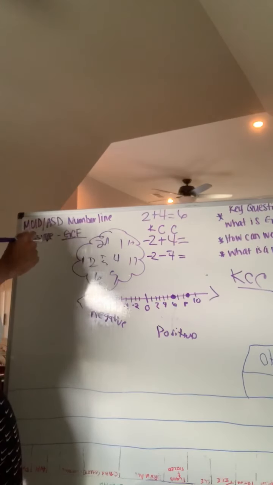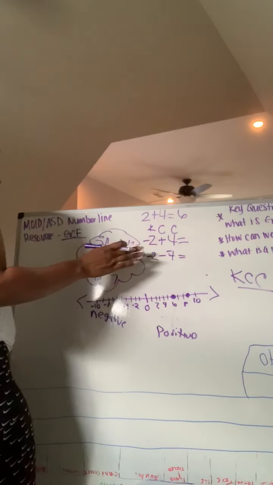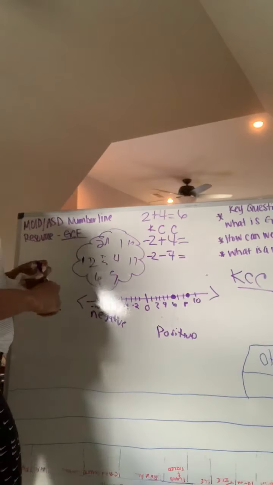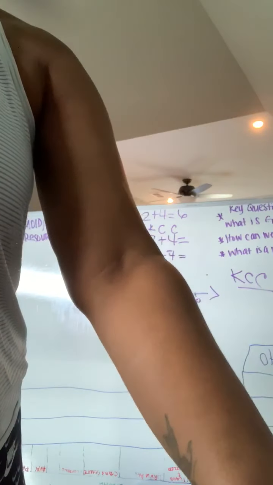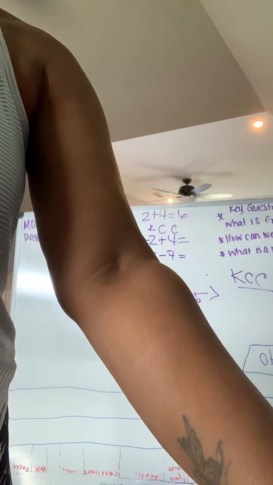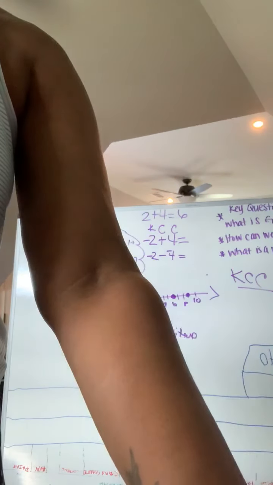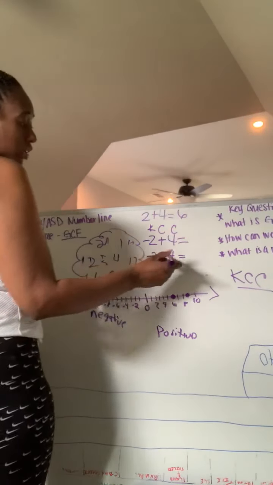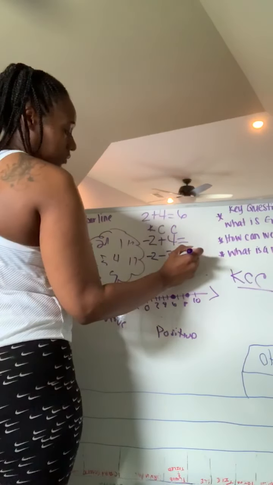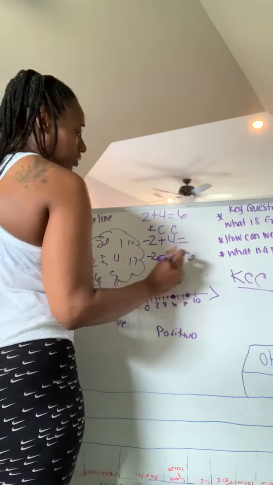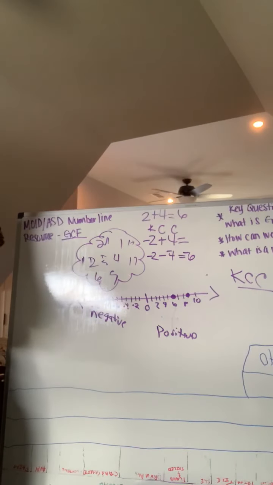So that's what it's going to look like when we do keep, change, change. Negative 2 minus negative 4. Negative 2 minus negative 4 is what, you guys? Negative 6.